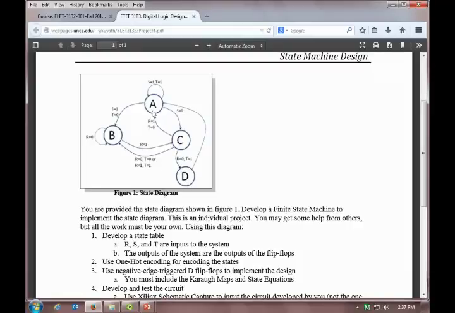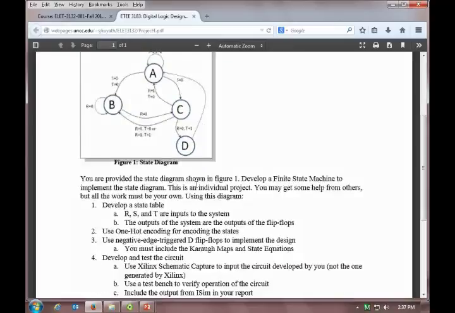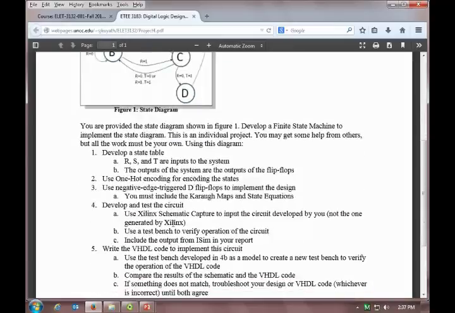It's one-hot encoding. So this has got to be 1, this one's got to be 2, this one's got to be 4, and then this one's got to be 8. Because that would put 1 bit high each time. Okay, so you have to do something like that.